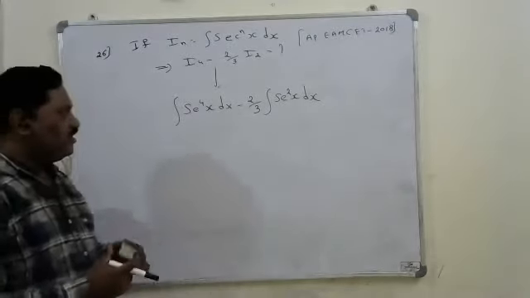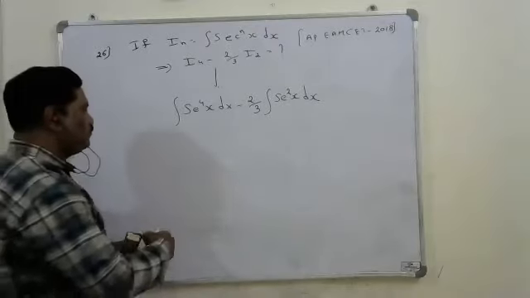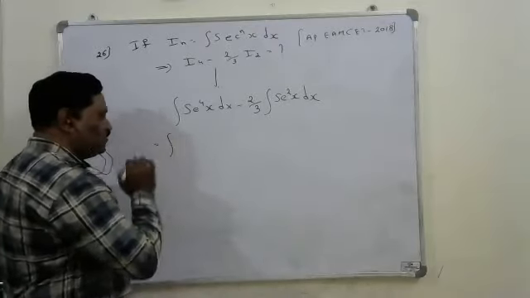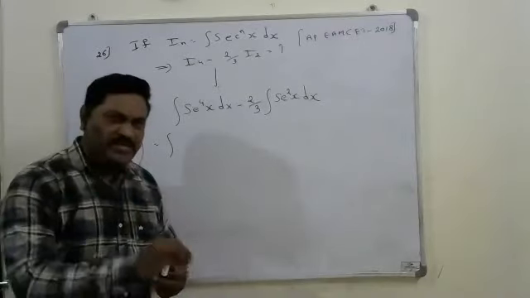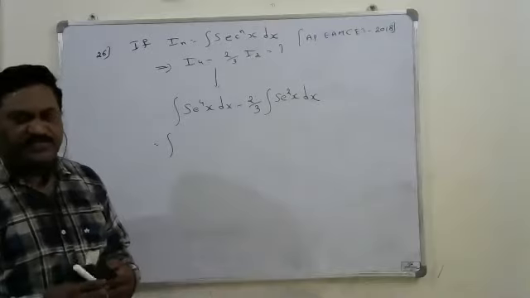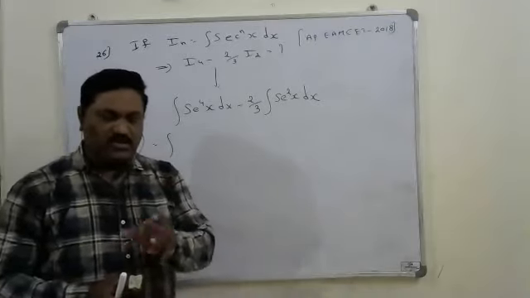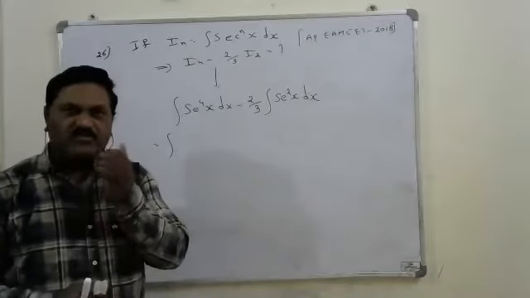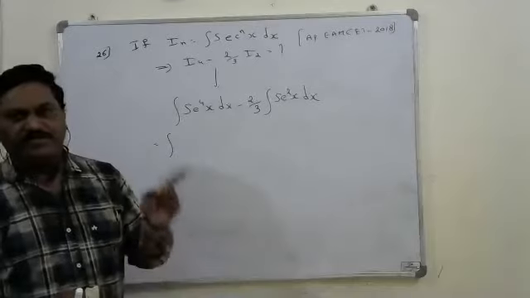Now tell me, how do you evaluate secant power 4x? Secant power 4x, we can write as secant square x into secant square x. Where secant square x is the derivative of tan x, that's why one secant square x we will write in terms of tan.